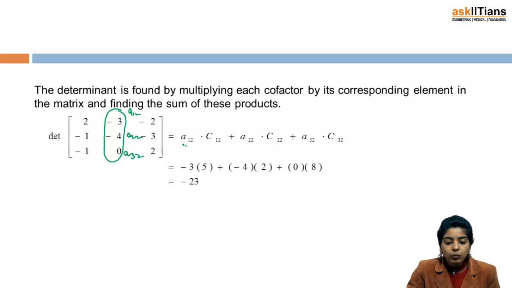So we have A12 into C12 plus A22 into C22 plus A32 into C32, which gives us: A12 is -3 into C12, which we have got as 5, plus A22 is -4, C22 we have got as 2, A32 is 0 and C32 we had obtained as 8. So the resultant value is the determinant.